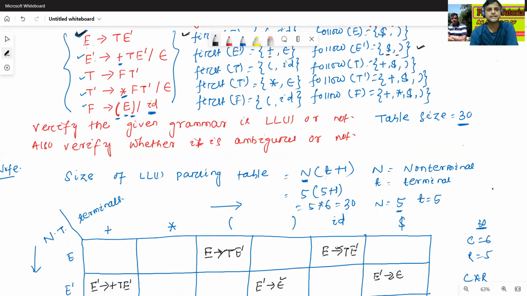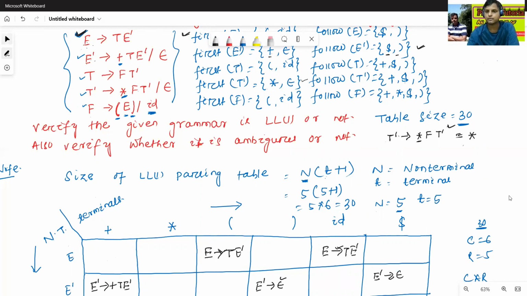The next production is T star T prime, but star F T prime. For this production, first of T prime also contains epsilon, but particularly for this production, first of T prime equals star.